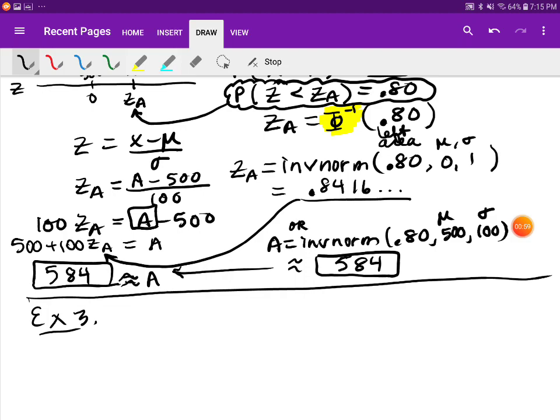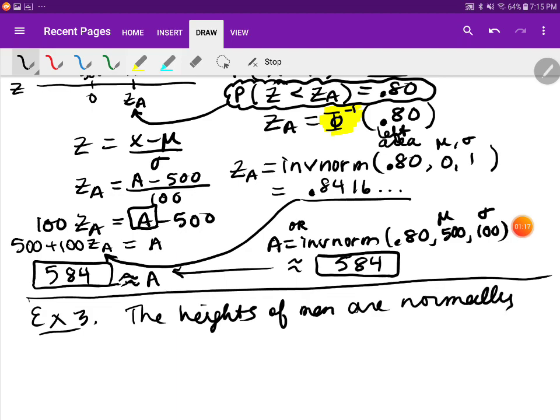So let's take a look at this one. Okay, example 3: the heights of men are normally distributed with a mean of 68 inches.